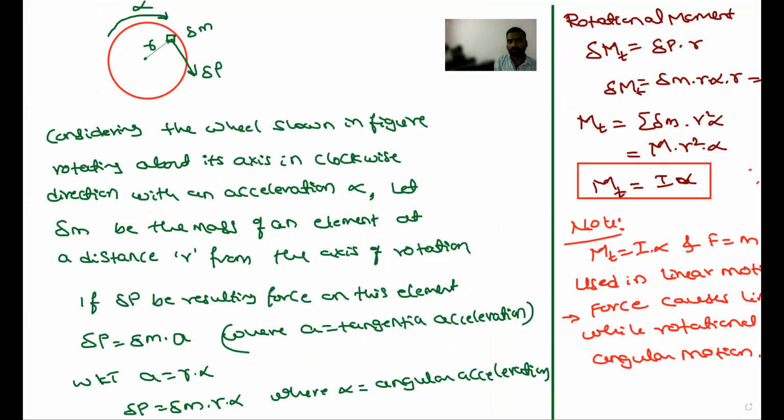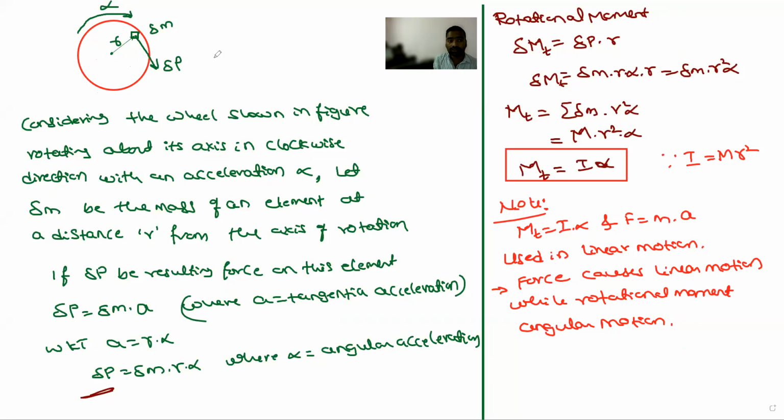If only one body is moving in the linear direction, you tell that F is equal to mass into acceleration. Okay, this is known. So I want to determine the total rotating moment.